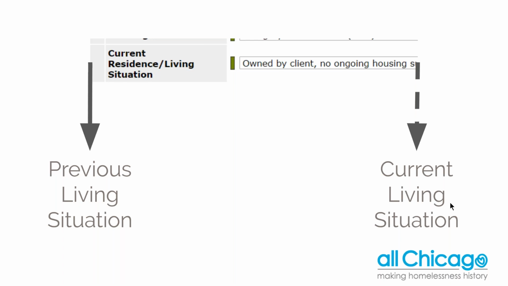Again, PSH projects enroll clients, and only when a client has a housing move-in date do they become permanently housed. So keep that in mind. The current living situation is literally where is this client sleeping today? Where are they going to be resting their head? And then previous living situation is where were they the night before they entered your project?